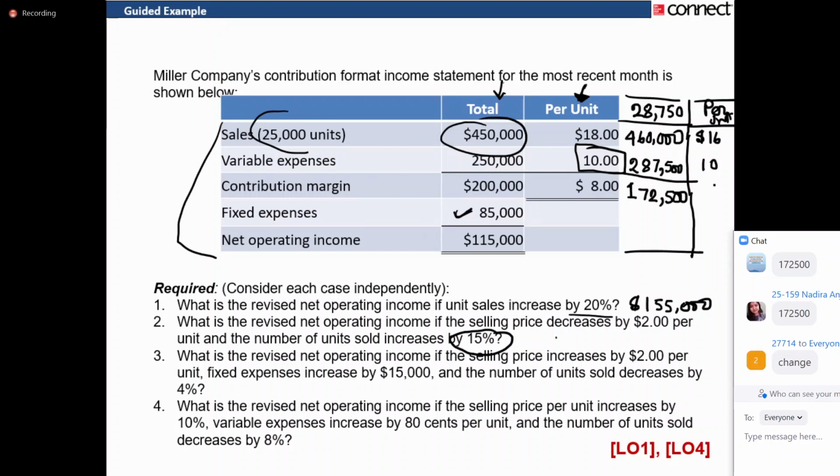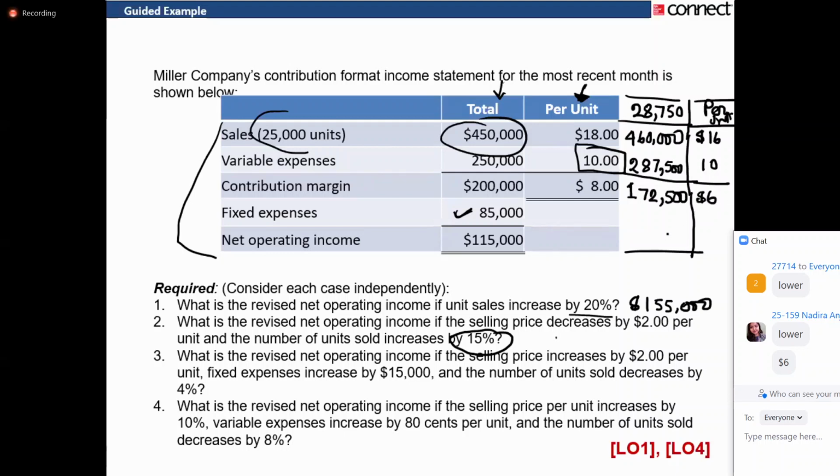Will it be higher compared to the previous $8 per unit, or a lower number? It will be a lower number because we are getting less price per unit from the sales. Okay, so that amount will be $6 per unit.